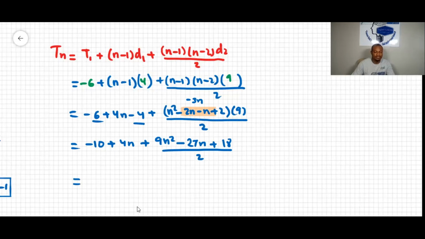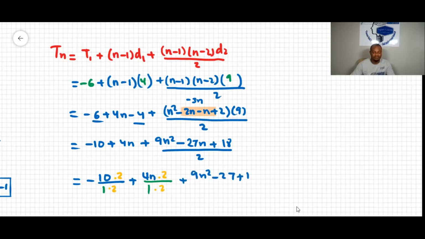Negative 10 has a denominator of 1, so we multiply by 2 here and there, and the same with 4n, multiplying by 2, and then plus 9n squared minus 27n plus 18, all over 2.